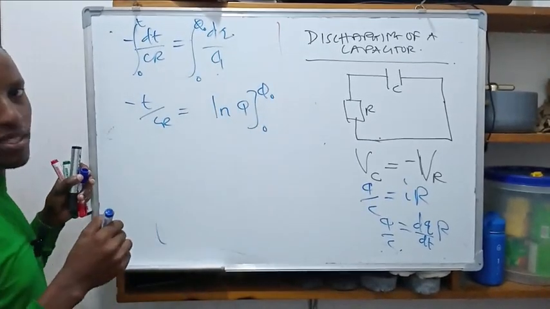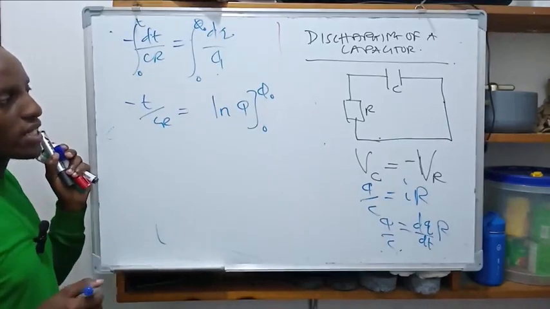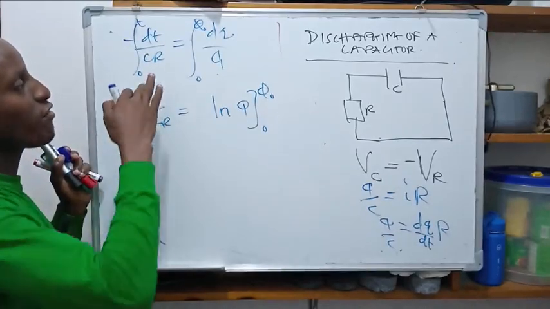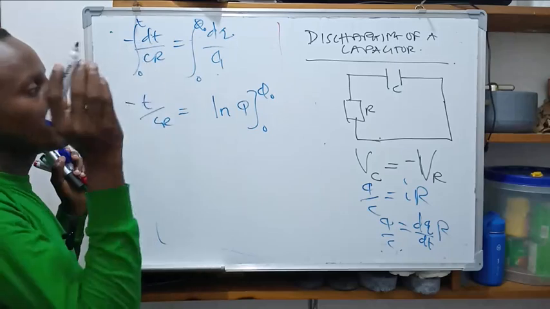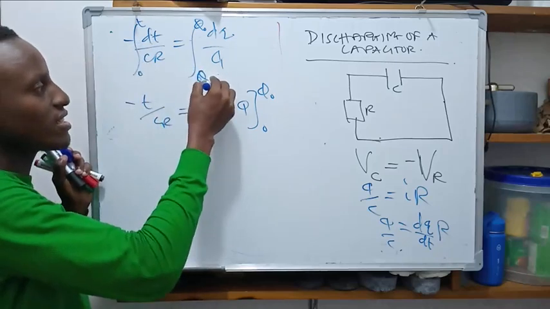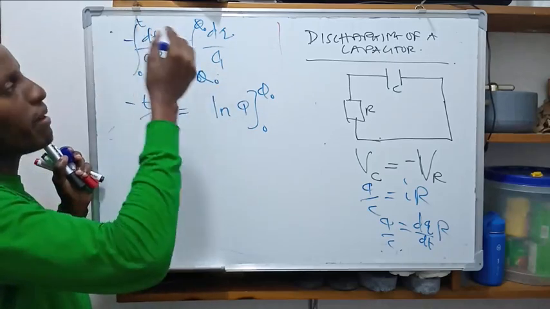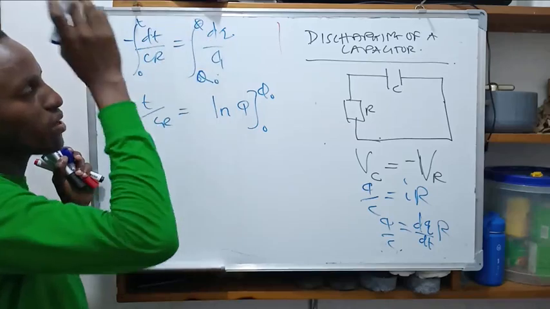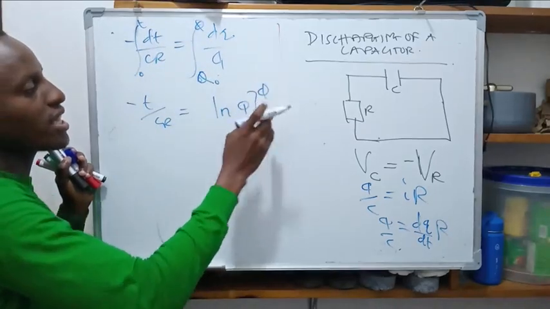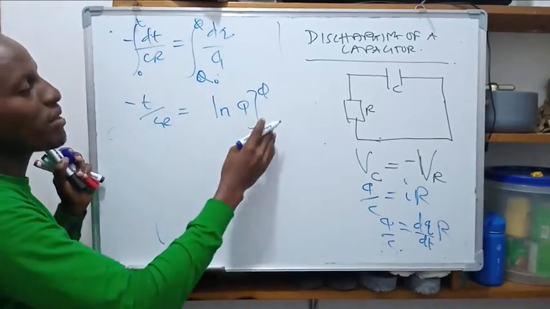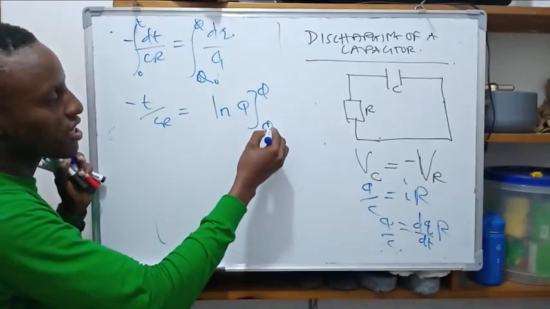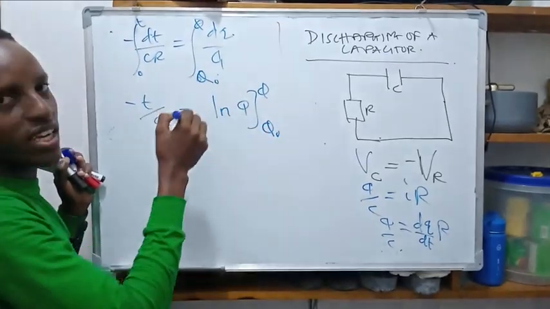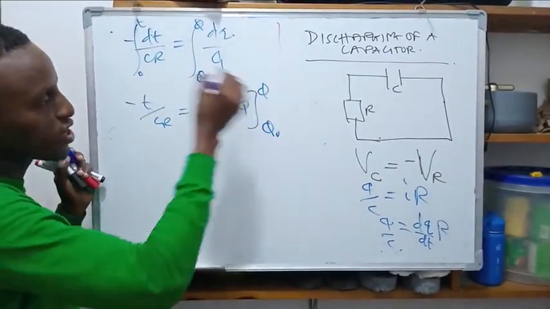So what is happening? Meaning, from 0 to time t, I'm discharging from the initial charge q naught to the final q.